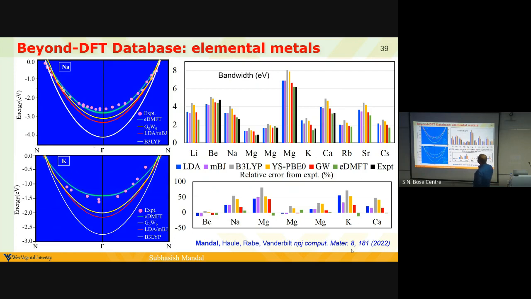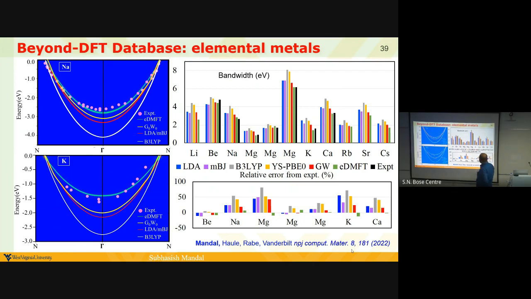So this is how this comparison looks, and you can see that the error for PBE and also for the hybrid, this is also for AKC, the error can go to even 80% in certain cases. 80% error.